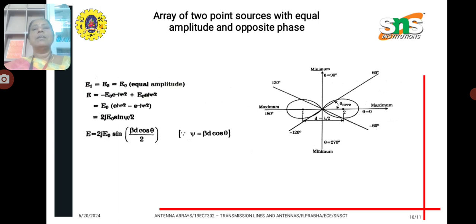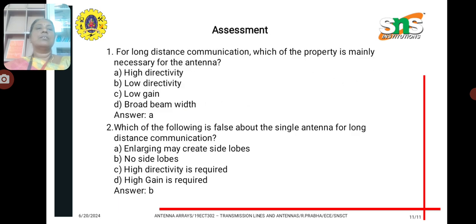So E is equal to minus E0 e power minus j psi by 2 plus E0 e power plus j psi by 2. So e power j psi by 2 minus e power minus j psi by 2 gives the sine formula. The final field is equal to 2j E0 sine of beta d cos theta by 2. The radiation pattern here is in the direction of the array axis.